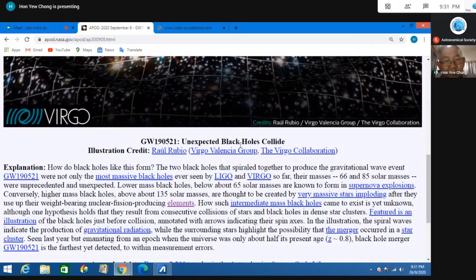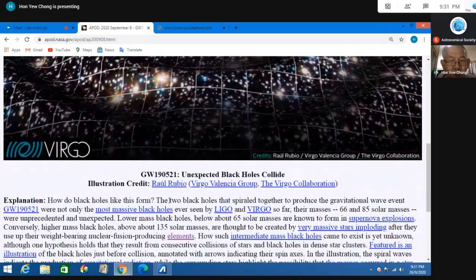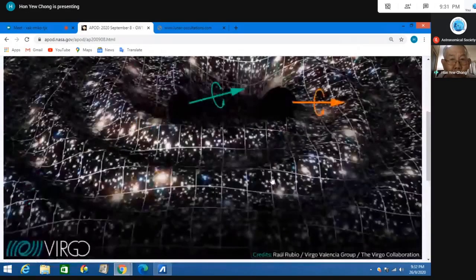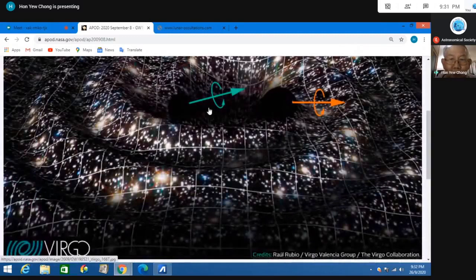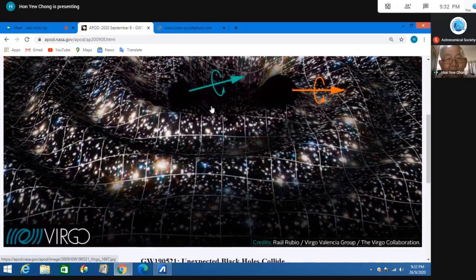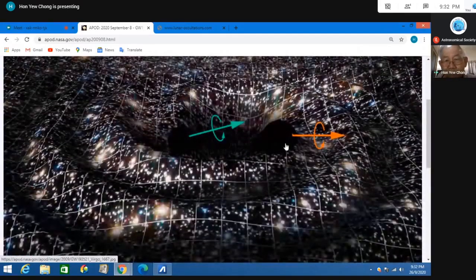All right. So this is produced by Raúl Rubio using a computer simulation of two very big, not supermassive, black holes colliding. Remember, 66 solar mass, 85 solar mass is called intermediate mass black hole.